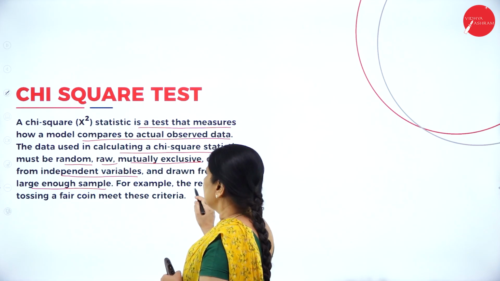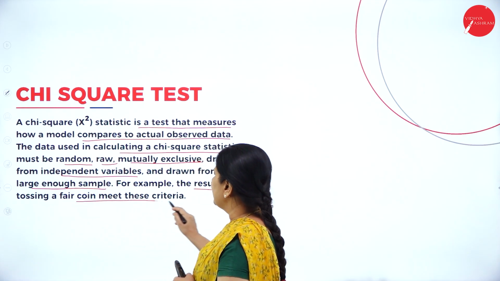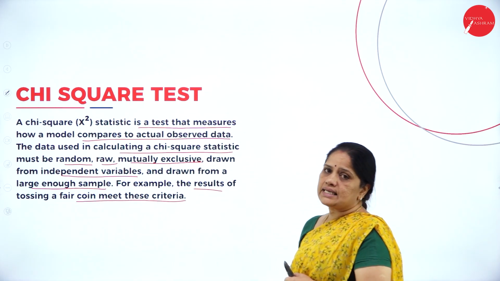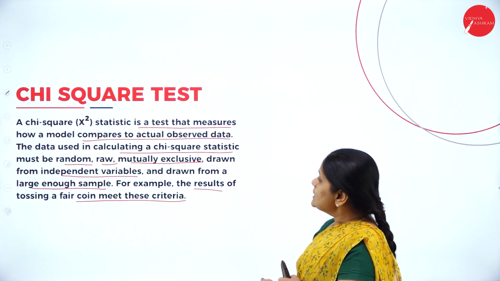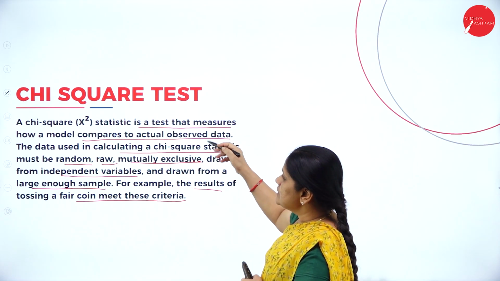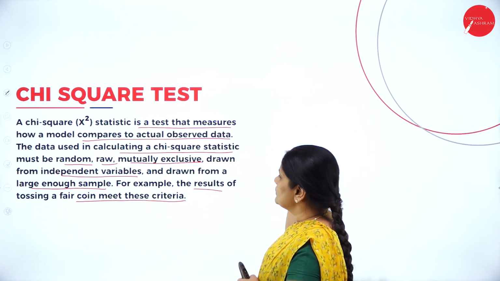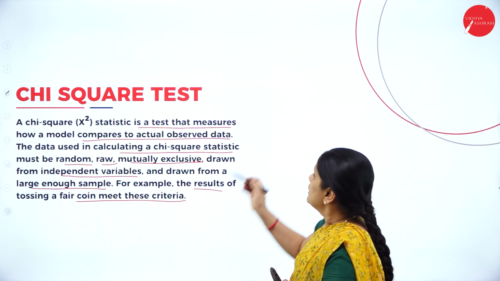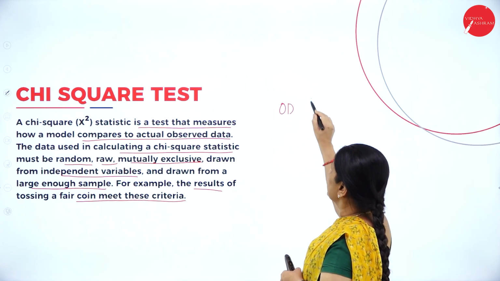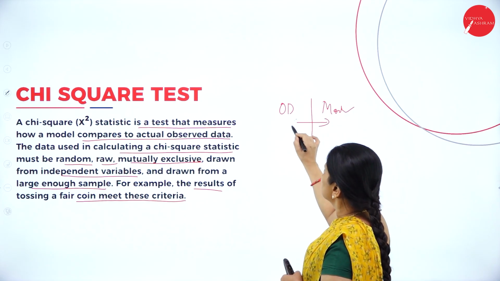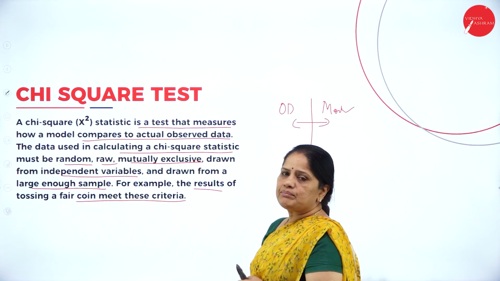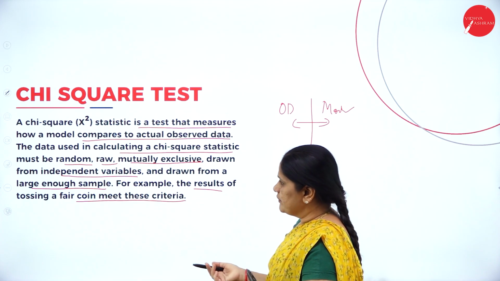For example, the results of tossing a fair coin meet these criteria. So what is a chi-square test? It is a test that measures how a model compares to the actual observed data. We have the observed data and we have the model, and we compare the model with the observed data.